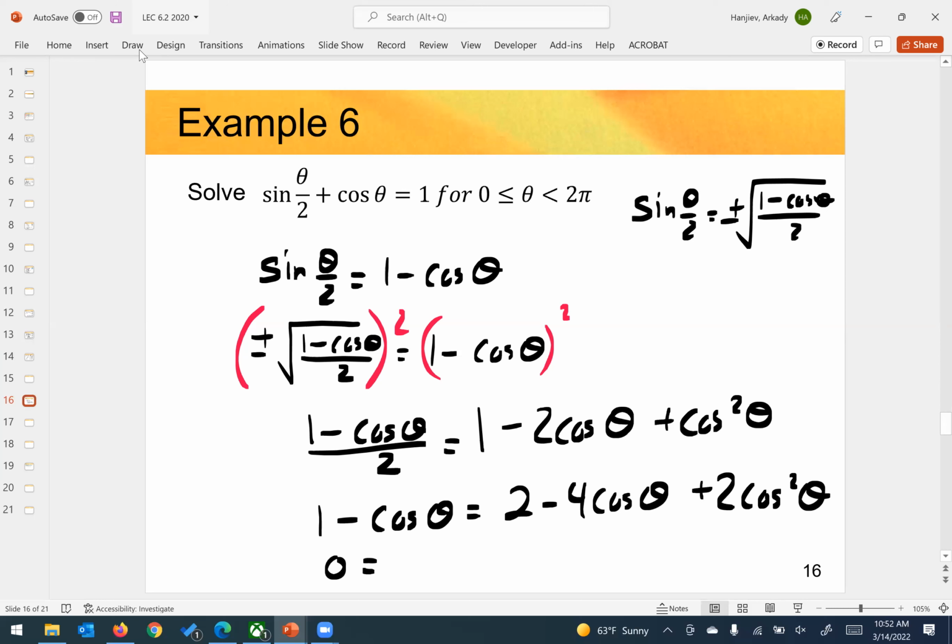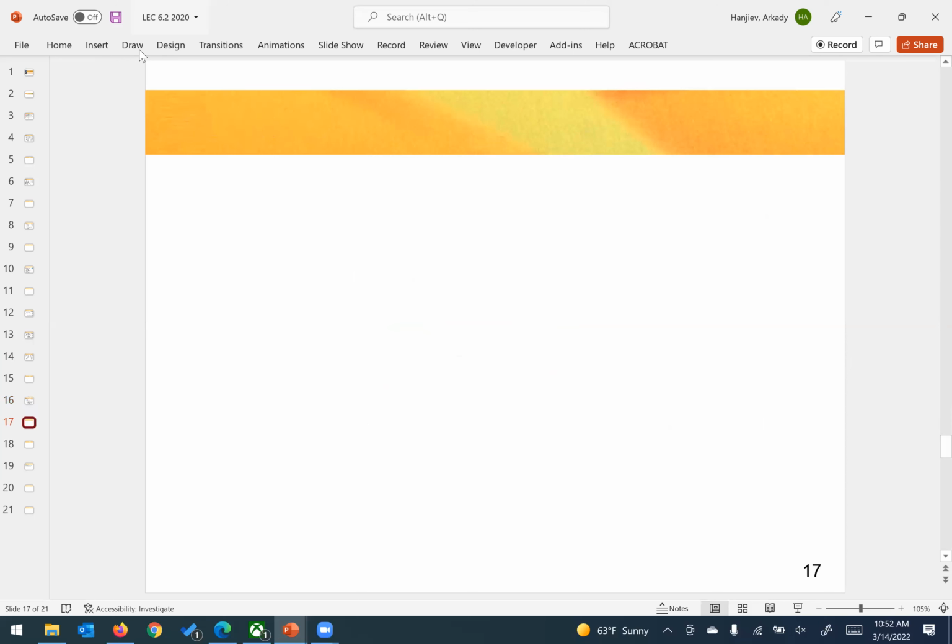Let's see what we can do here. I'm going to write the 2 cosine squared first, minus 3 cosine theta. See if that's right. Plus 1, right? Yeah, it's just 2 cosine theta minus 1, cosine theta minus 1. Perfect.